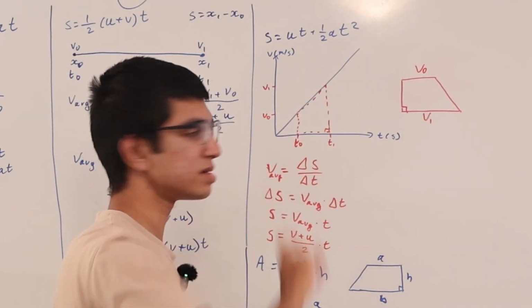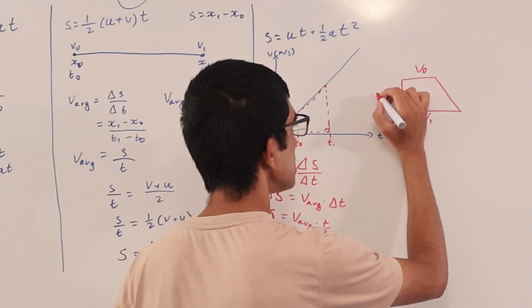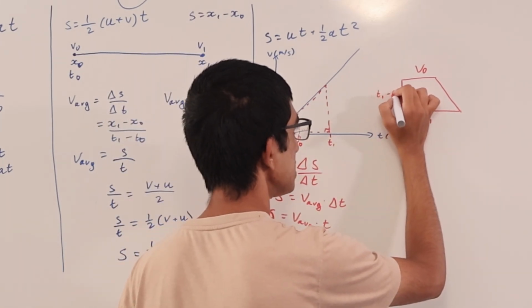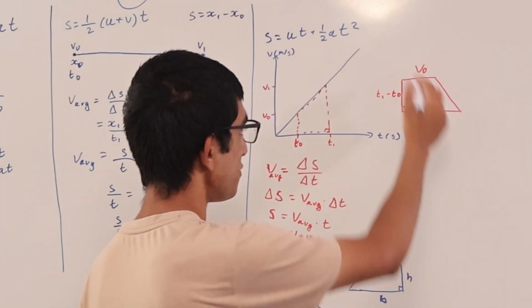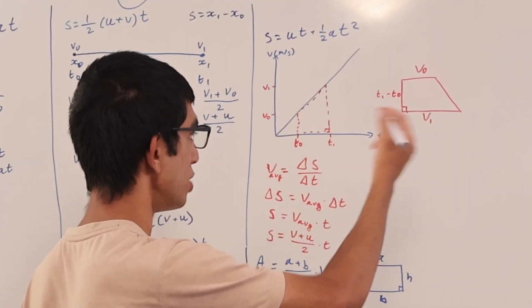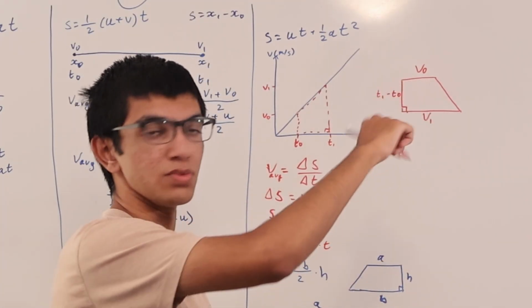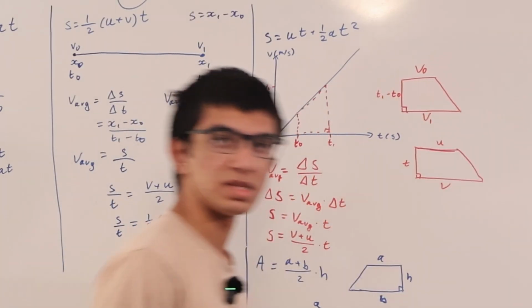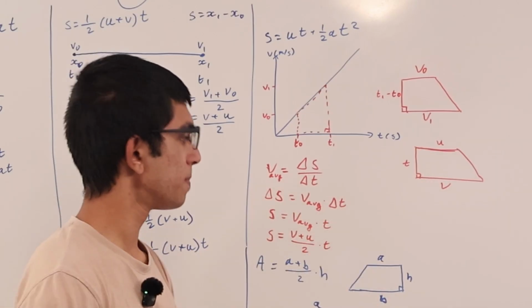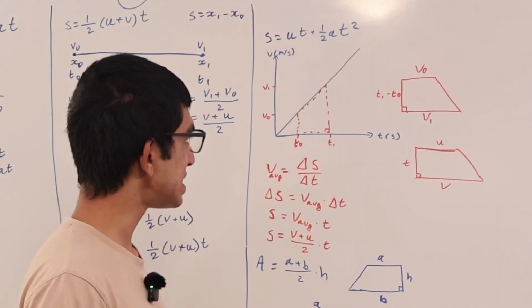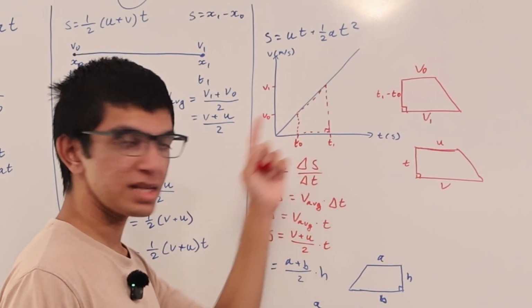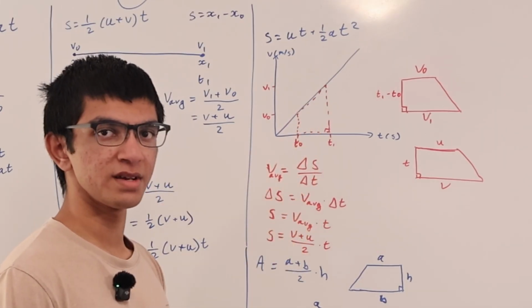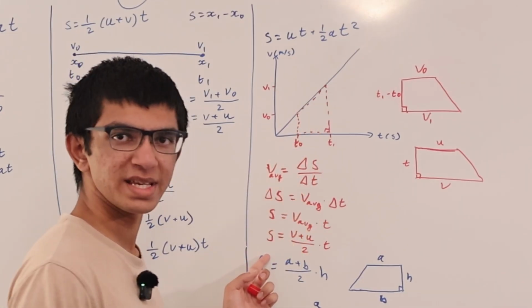So this is T1 minus T0. And if we substitute our known values for V1, V0, T1, T0, we get a trapezium or trapezoid with T, U, and V. What we proved here is that the area under a velocity time graph is equal to the displacement.